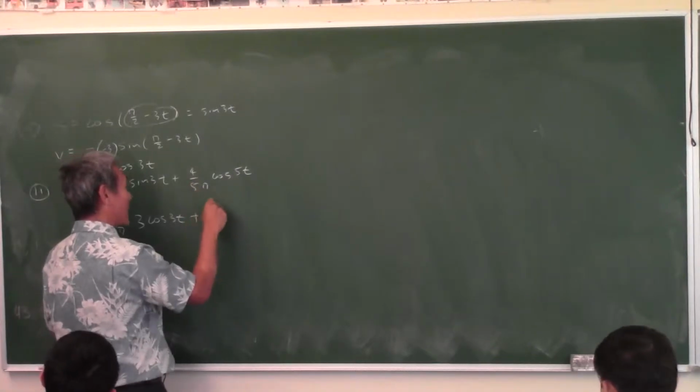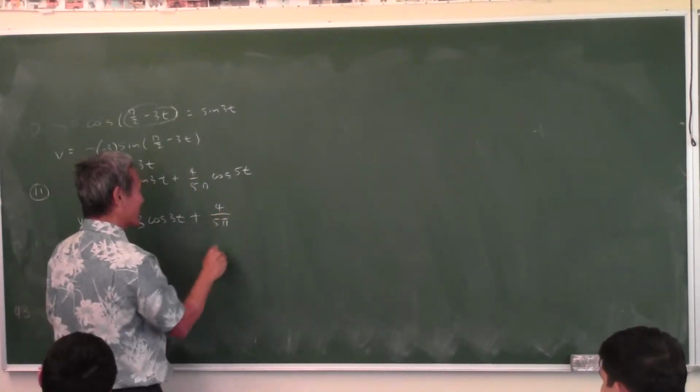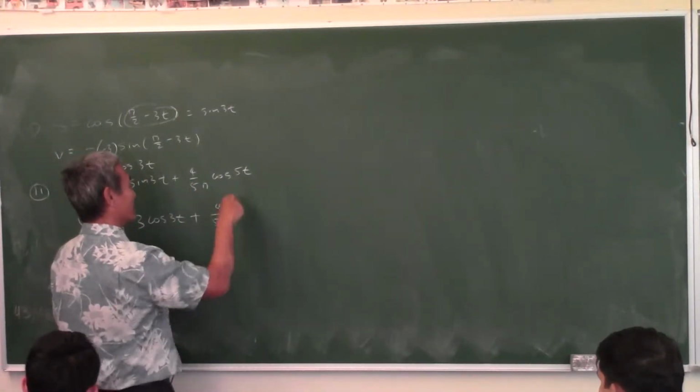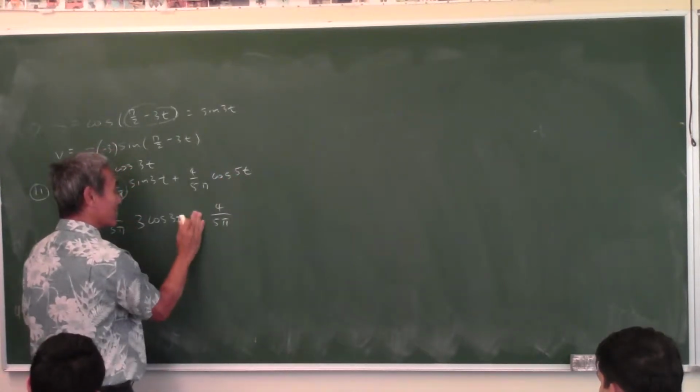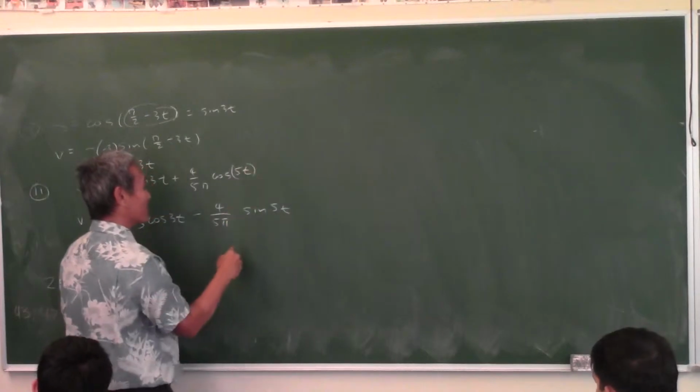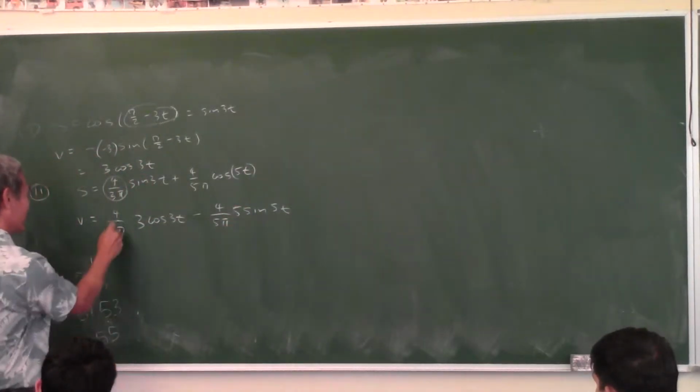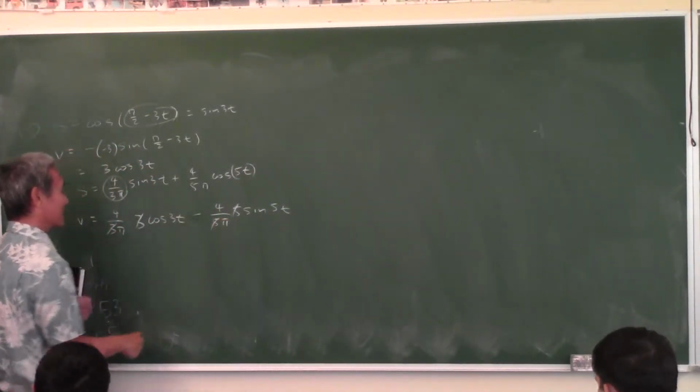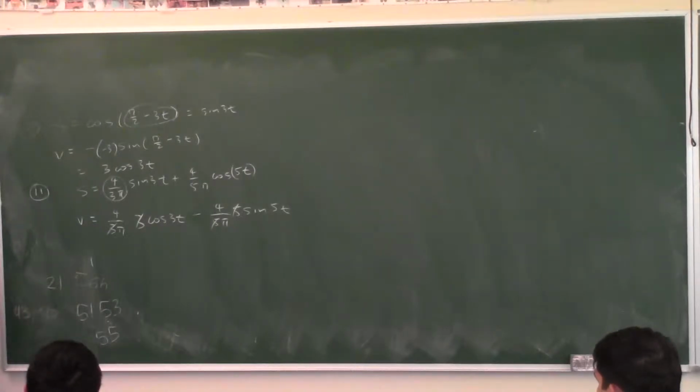Plus, this is a constant. Throw it on the side like an unwanted pet. The derivative of cosine box is negative sine box times the derivative of box, which is 5. If you want to factor out a 4 pi, you can.